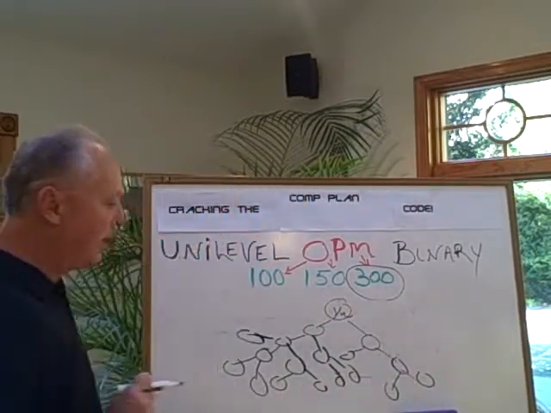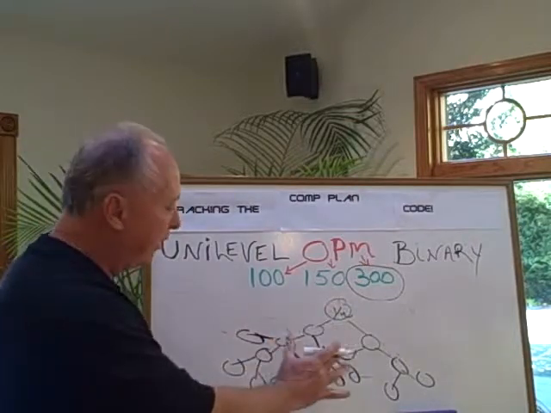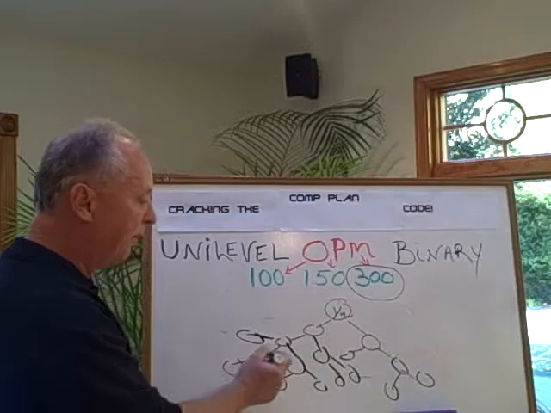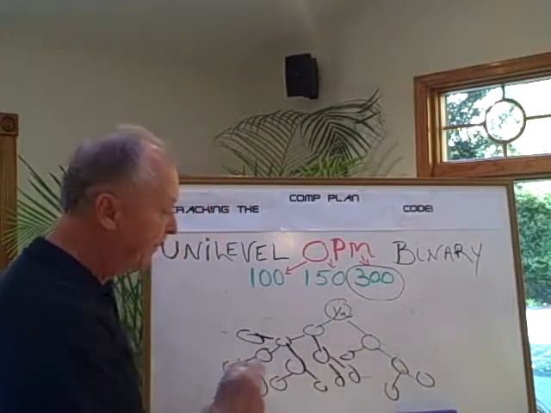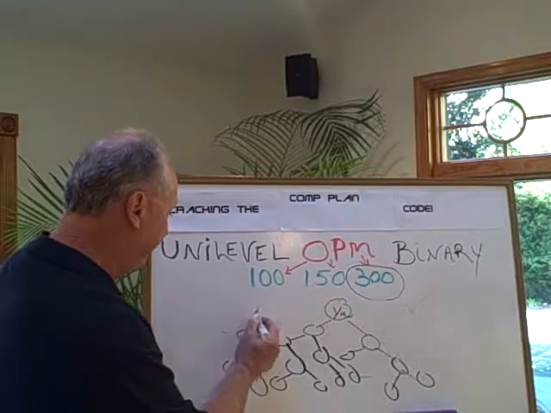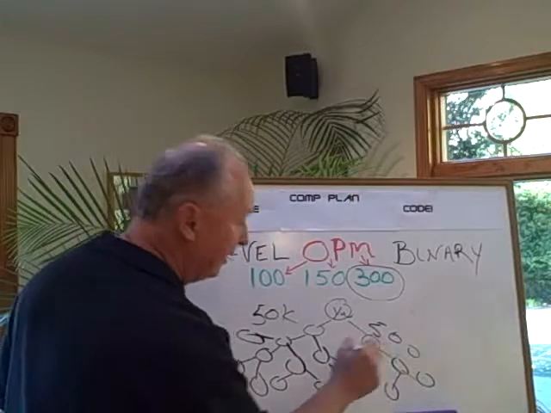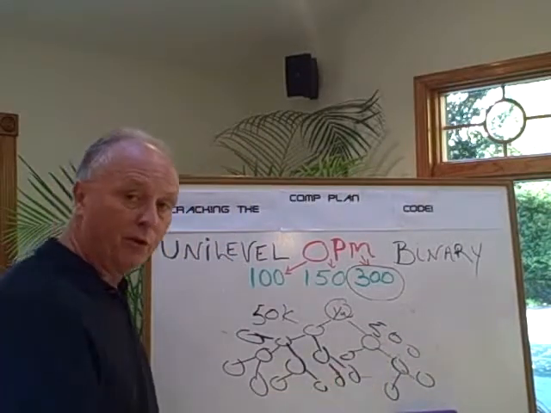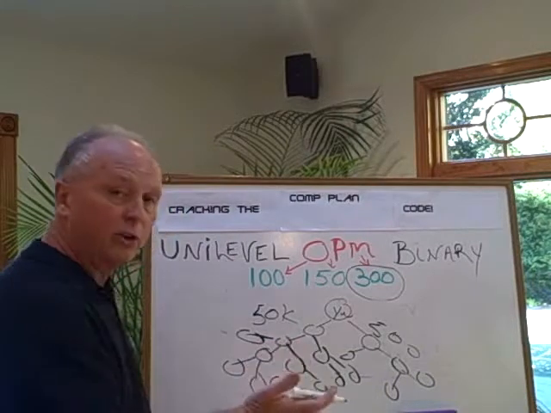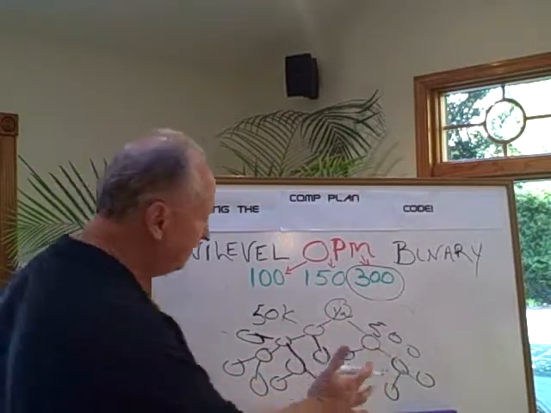Now, one of the obstacles inside of a binary, as I already pointed out, was that you have a large leg and a small leg. This large leg could be doing $50,000 a month, and this could be doing 500. What are you going to get paid on? The 500. 10% of 500, 50 bucks. And this happens all the time, unfortunately, inside a binary.